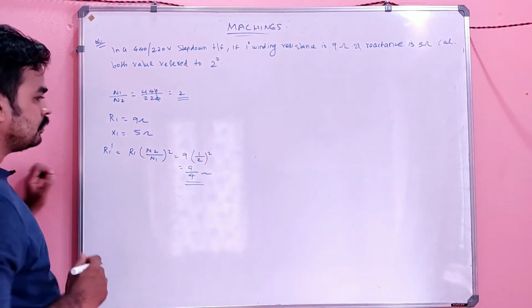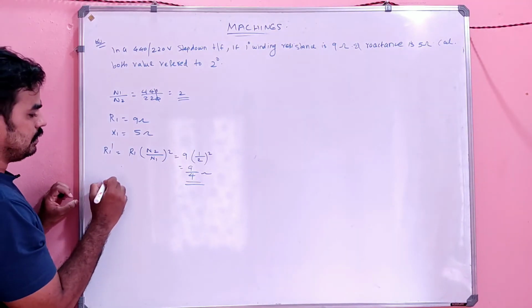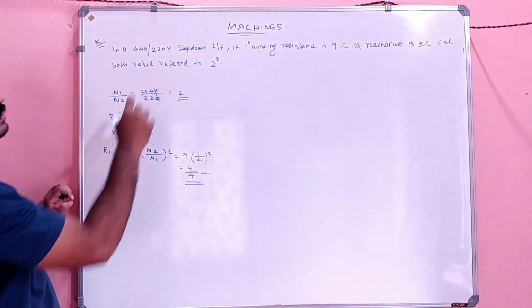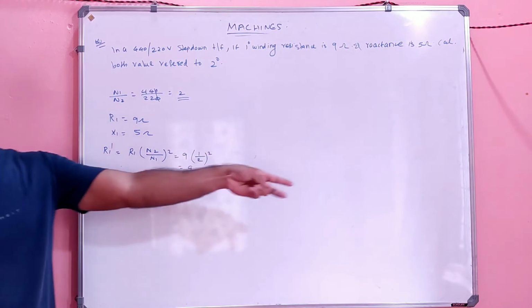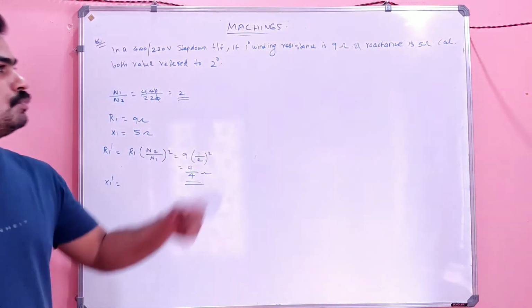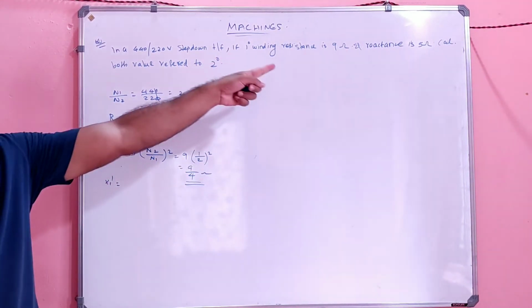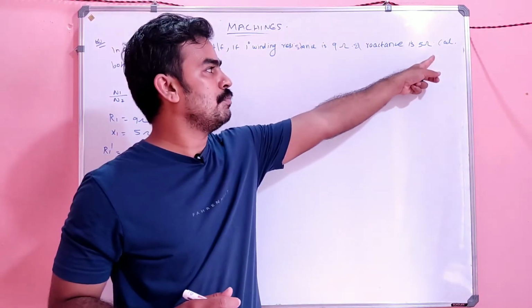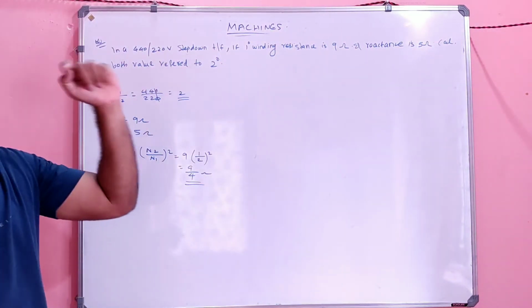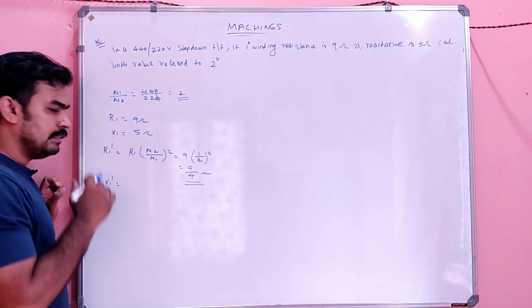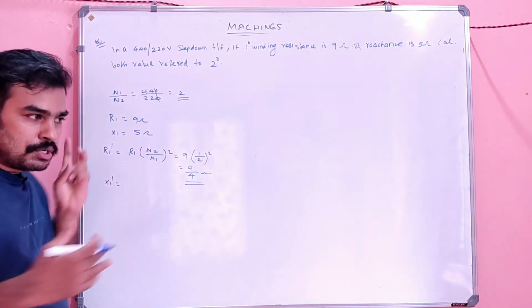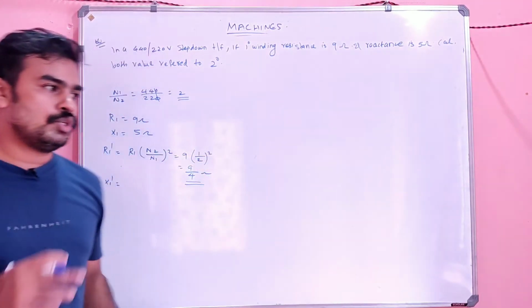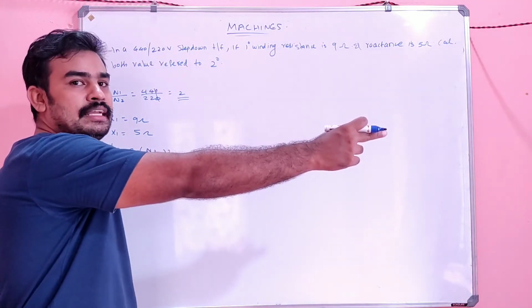And what will be X1 dash? Because reactance also you have to refer to the other side. Reactance is 5 ohm, right? Calculate both values referred to secondary, so the reactance also goes to the secondary side, the N2 side.